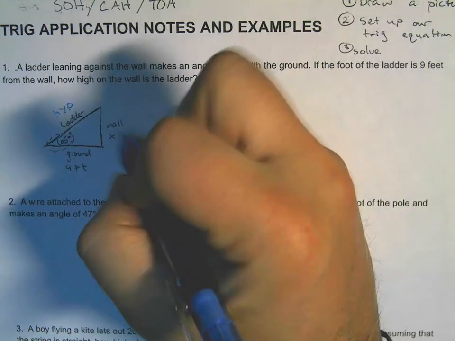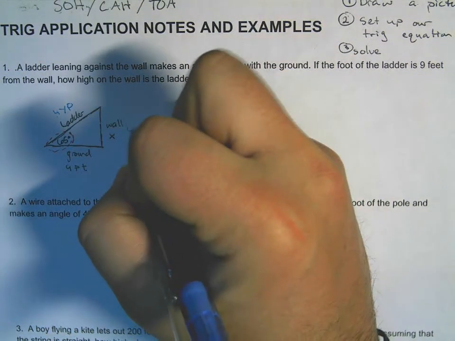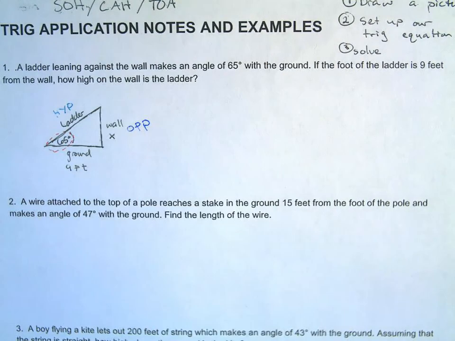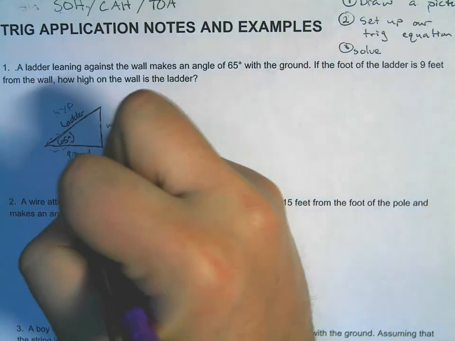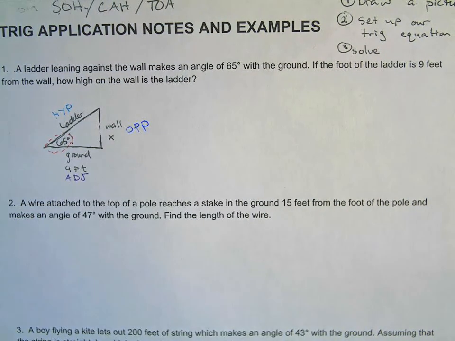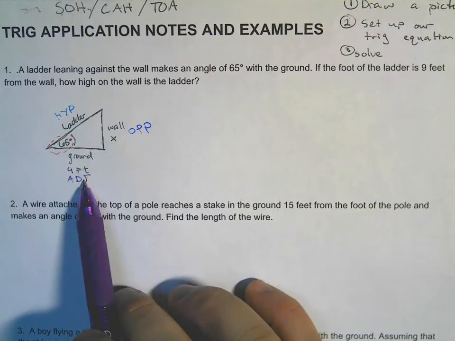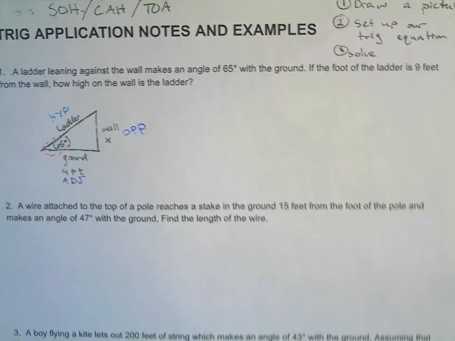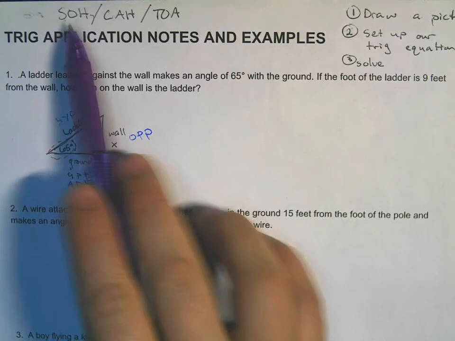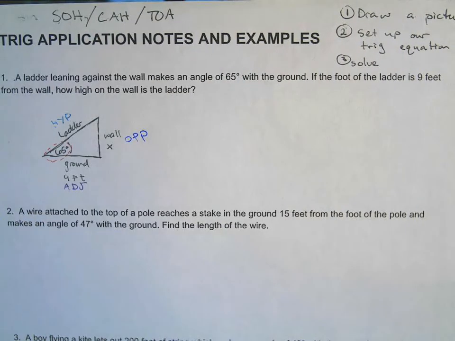The wall is opposite our focus angle, and the ground is adjacent to our focus angle. Now I have an opposite, that's our x that we're looking for, and an adjacent that I'm working with. So which trig uses opposite and adjacent? Sine, cosine, or tangent? We're going to use tangent.